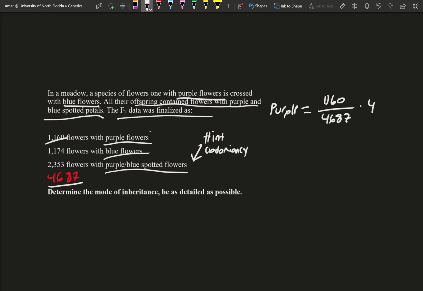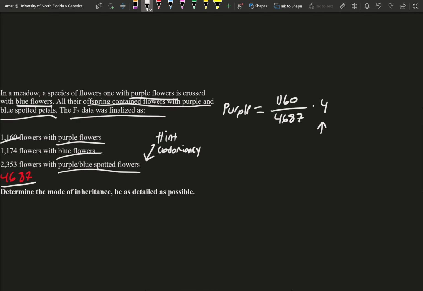multiply by 4. The reason we're multiplying by 4 is because, if you remember from previous videos, if you have watched them, the 4 is essentially the denominator of a monohybrid cross.